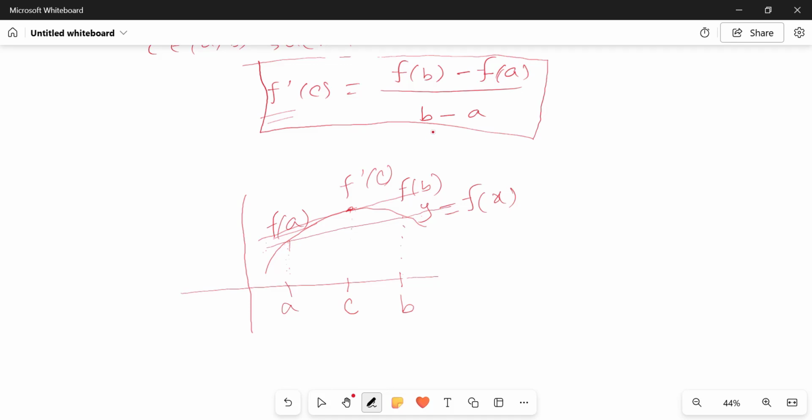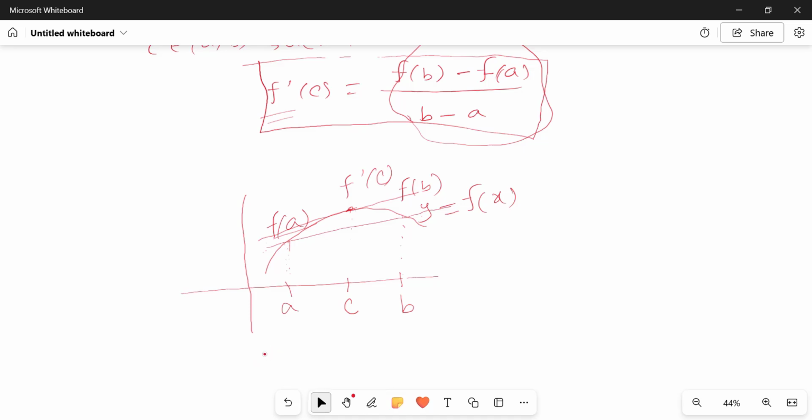So the mean value theorem says that the slope of the tangent line is parallel to the slope of the secant line. This is our mean value theorem.